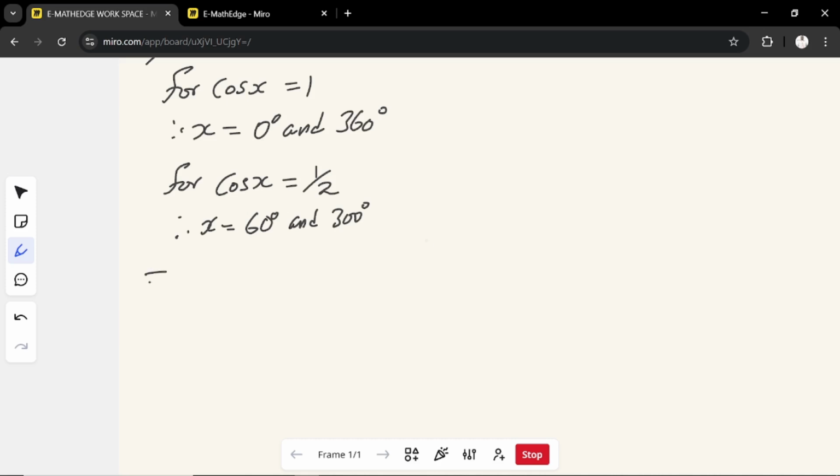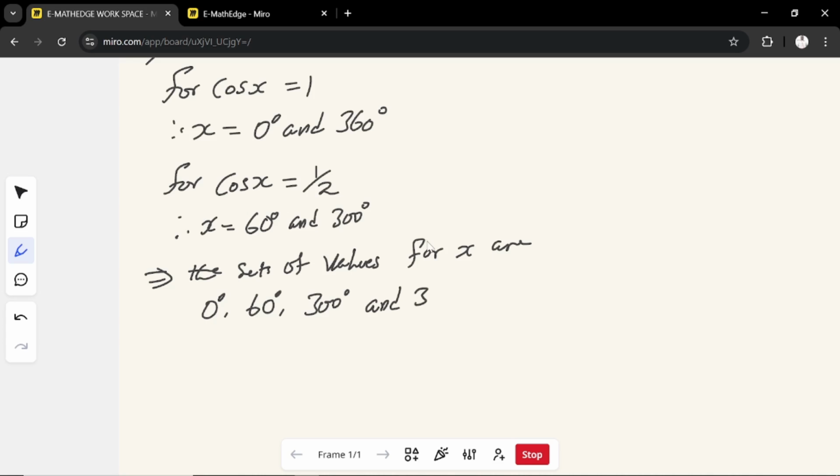So in conclusion, the set of values for x are 0 degrees, 60 degrees, 300 degrees, and 360 degrees.